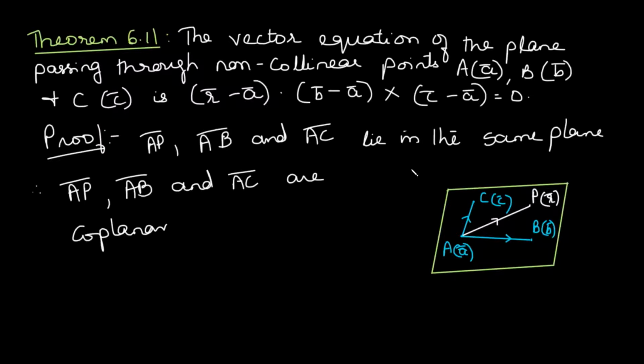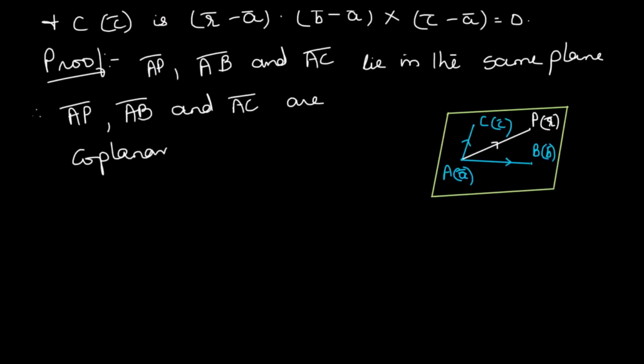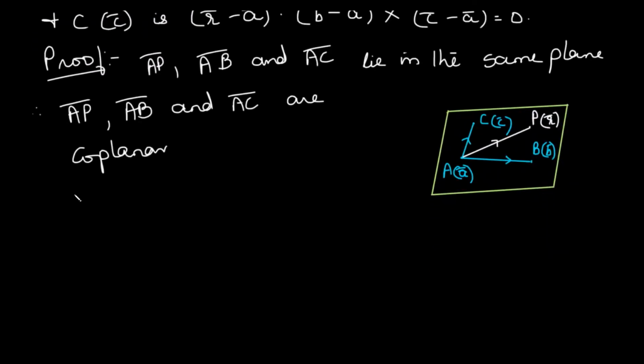Now in chapter 5, we had learned that if three vectors are coplanar, their scalar triple product is 0. So AP dot AB cross AC is equal to 0. Their scalar triple product becomes 0 because the vectors are coplanar, lie in the same plane.